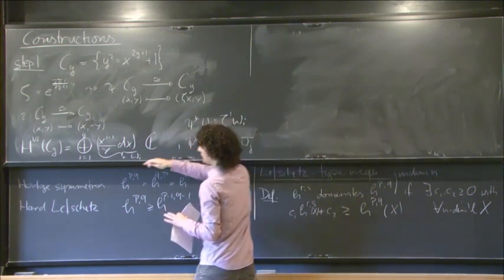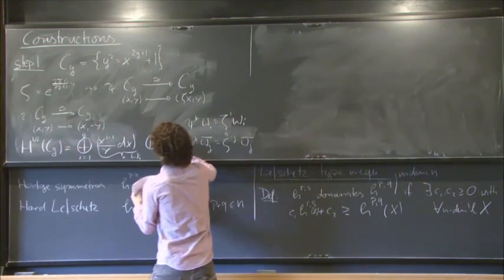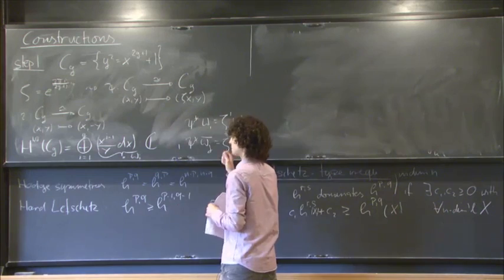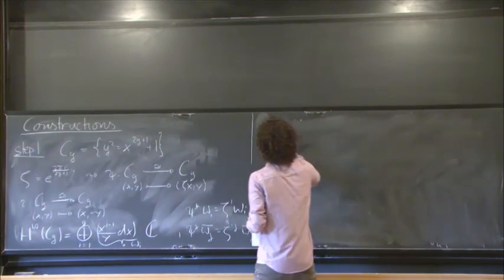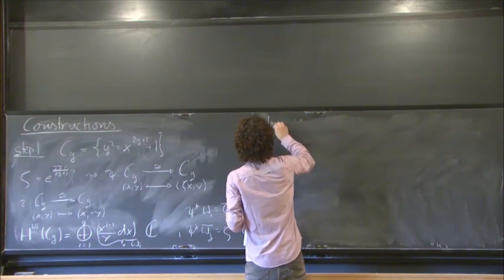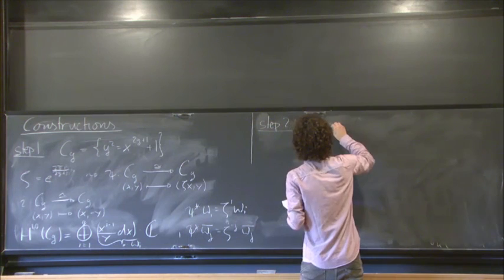So this action on the first cohomology of C_g splits up this cohomology group into eigenspaces with different eigenvalues, and each eigenspace has dimension 1. So that's useful in the next step.